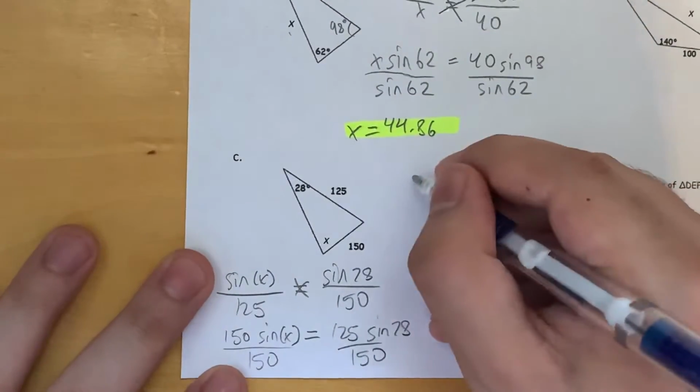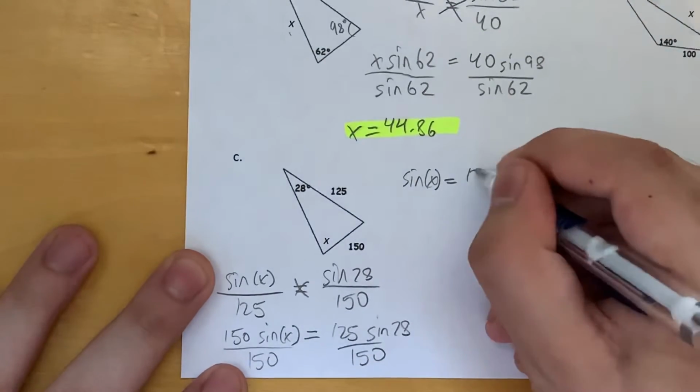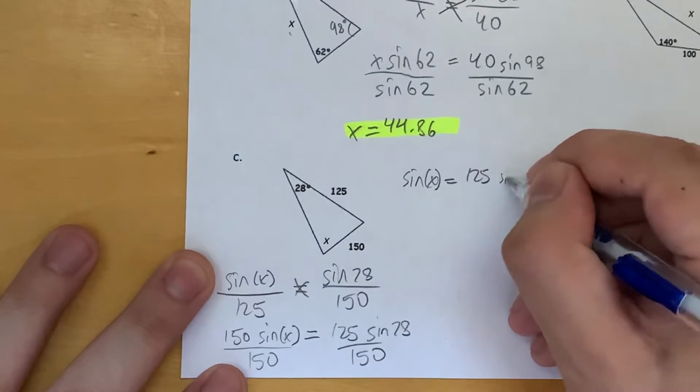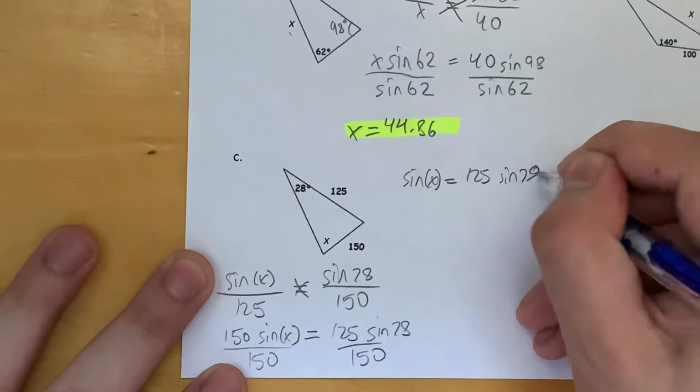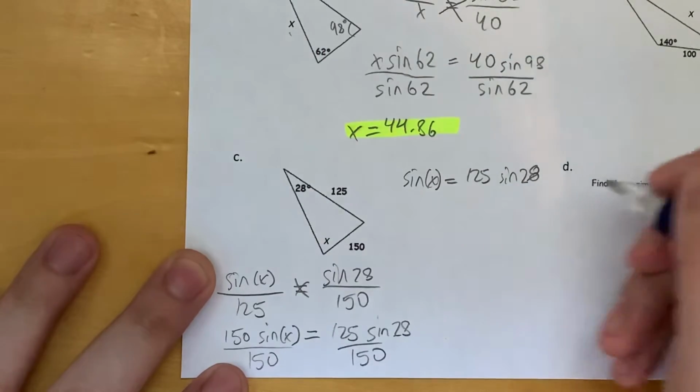Divide both sides by 150, and I'll move it up here. I'll get sine of x equals 125 times sine of 28 divided by 150. Yeah, that 2 looked like a 7, and so does that one.